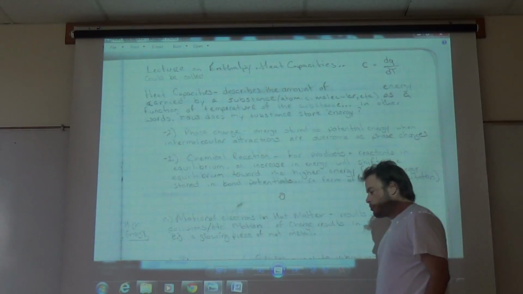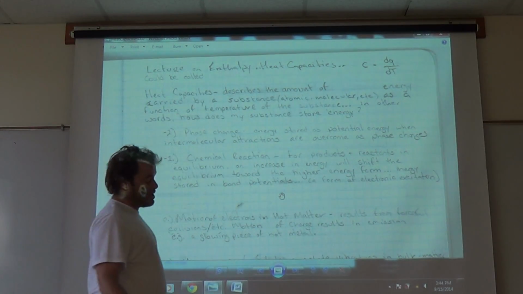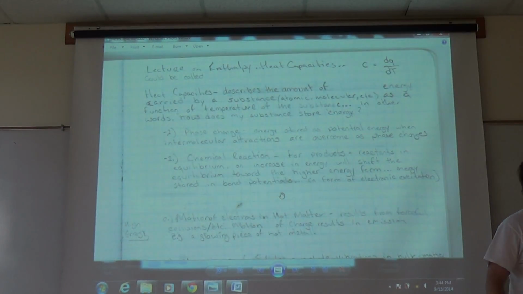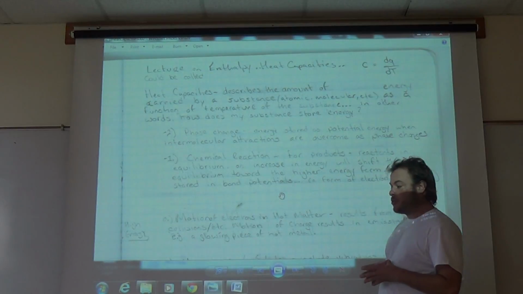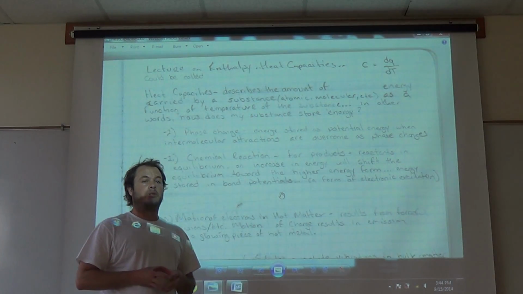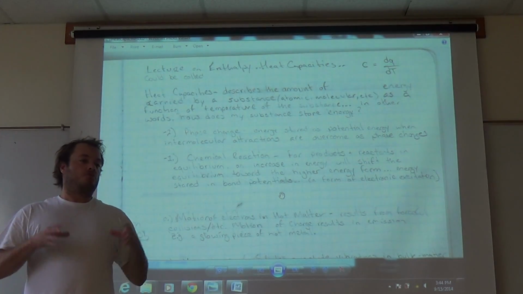So we tried to cover a little bit on Tuesday and the week before that to introduce you to the different ways that molecular systems store energy. And we saw a bunch of different ways, including translational energy and potential energy. And those are the two big subgroups.